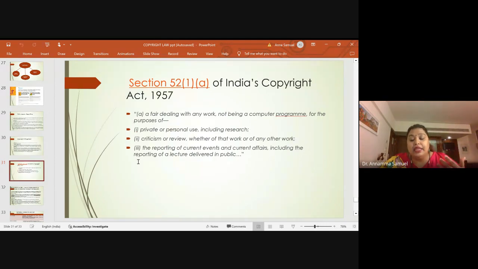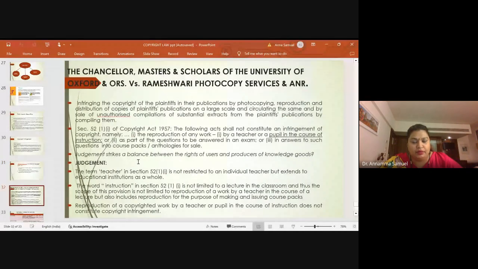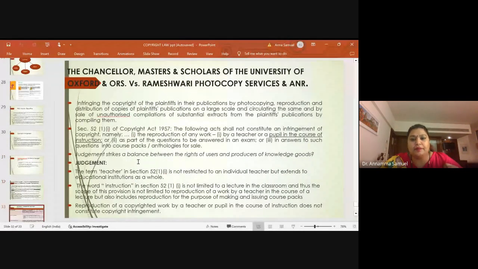Even in the Delhi photocopy case, you will find that the copyrighted materials which were distributed to the students, which are excerpts from many of the books, were termed as something done in the course of instruction. So it cannot be termed an infringement, but fair dealing. So fair dealing is possible in the law of copyright.